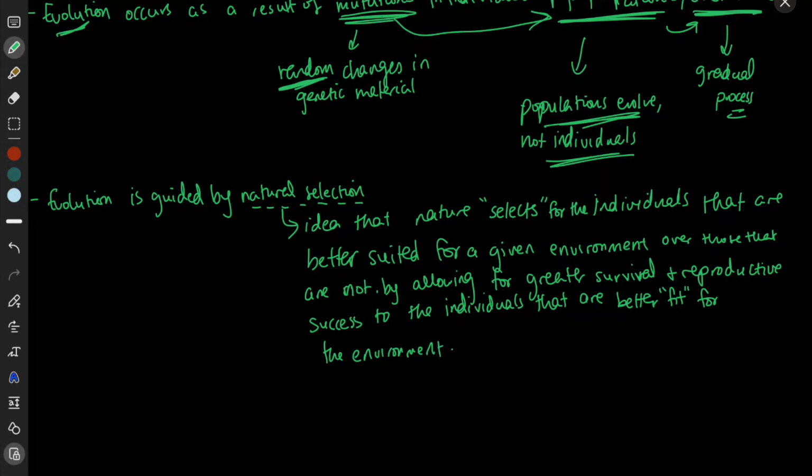So that's what natural selection is. Nature will select for the individuals that are better suited for an environment over those that are not, simply by allowing them to have greater survival and reproductive success, right?